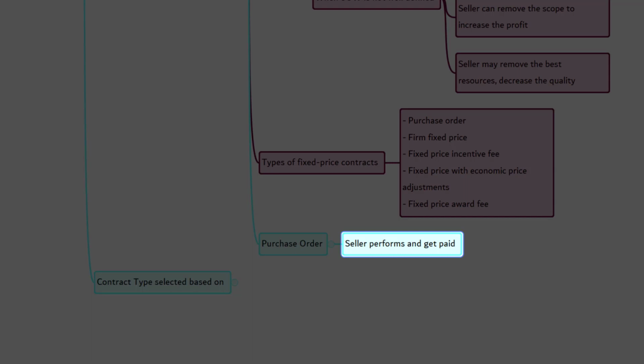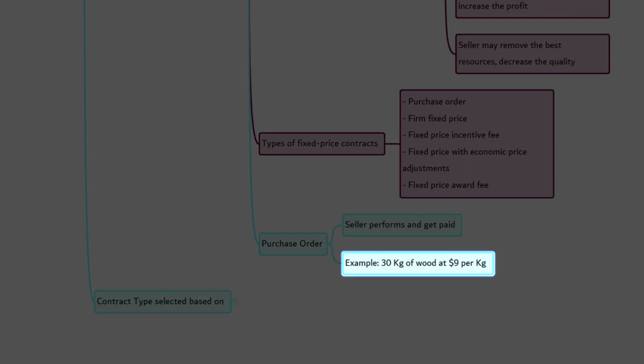Although unilateral purchase orders are most common, some companies will require the seller's signature on a purchase order before the buyer will consider the purchase order official. In that case, it's the signature that forms the acceptance needed to make a contract. For example, 30 kg of wood at $9 per kg.